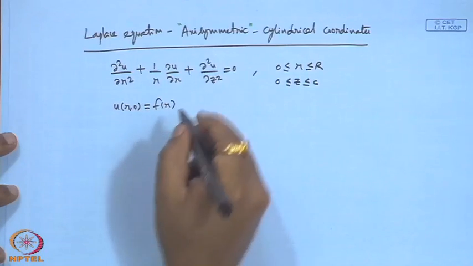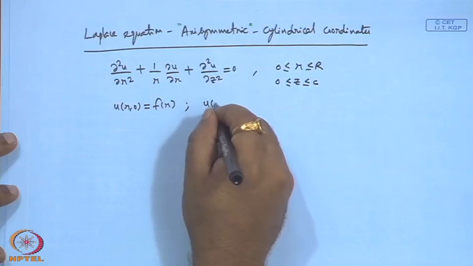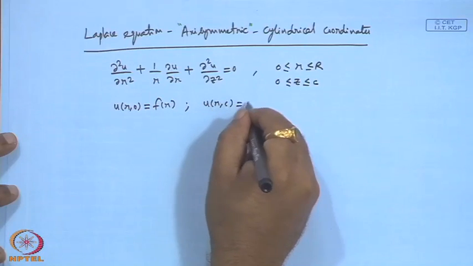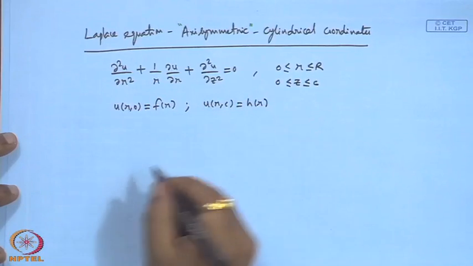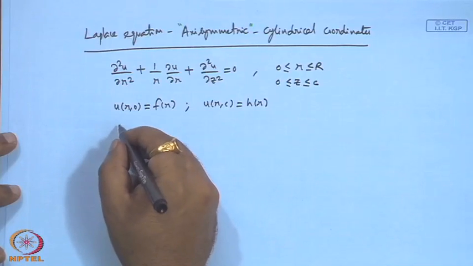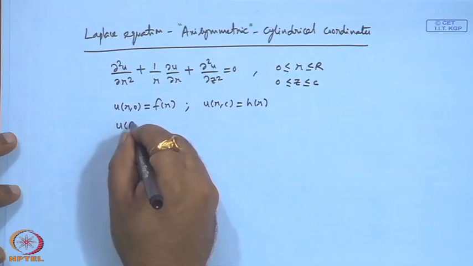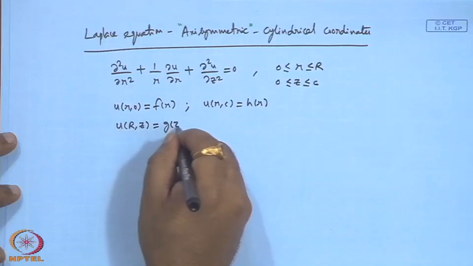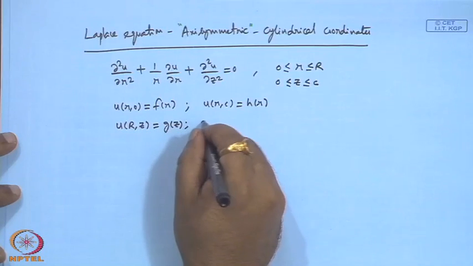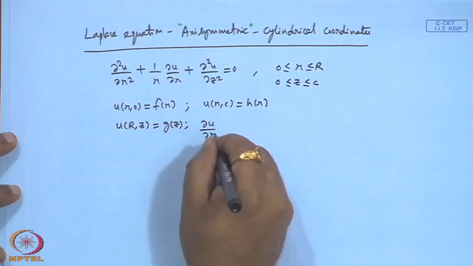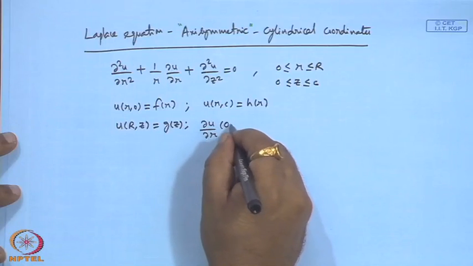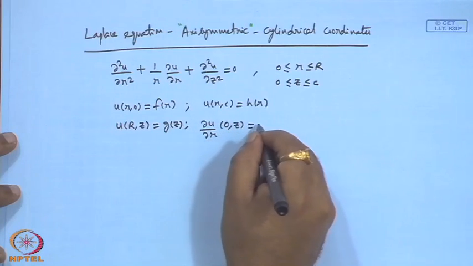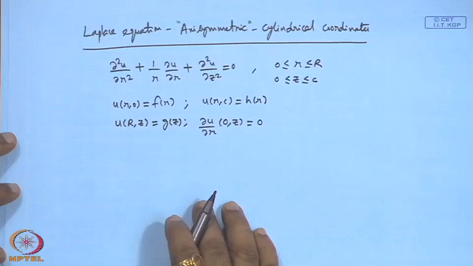Say this is f of r, h of r, then u r z z of z, and say here the derivative, okay.